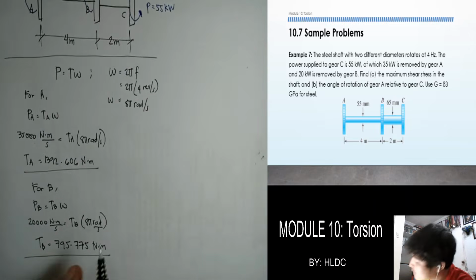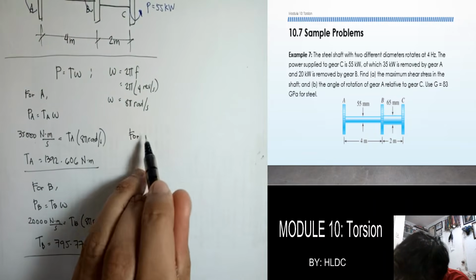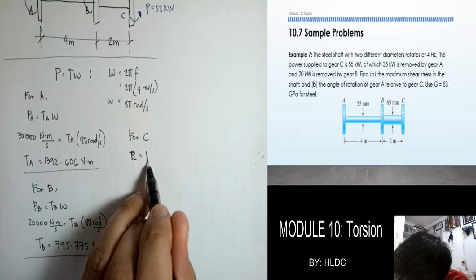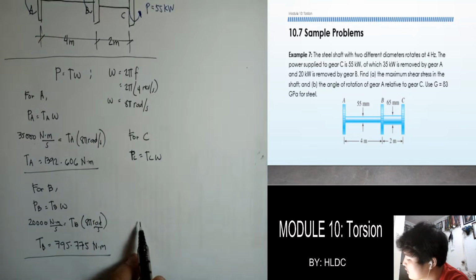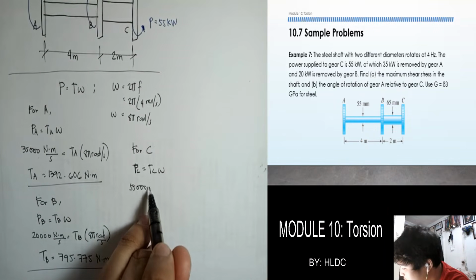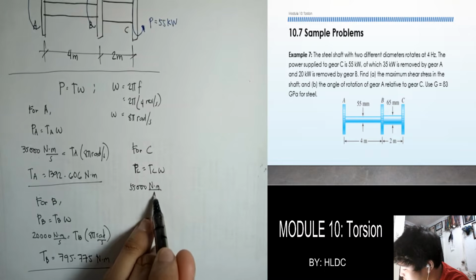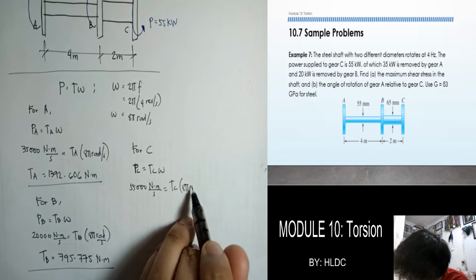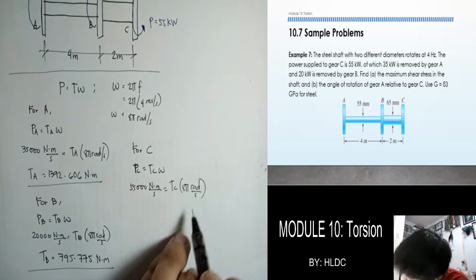And then for C, so PC is equal sa TC times the omega. So, power sa C is 55 kilowatts or 55,000 Newton meter per second. So TC and then times 8 pi rad per second.